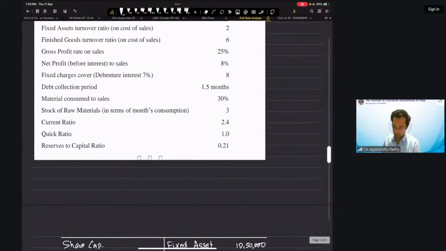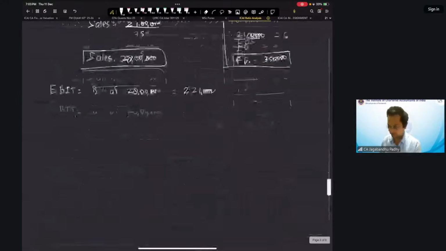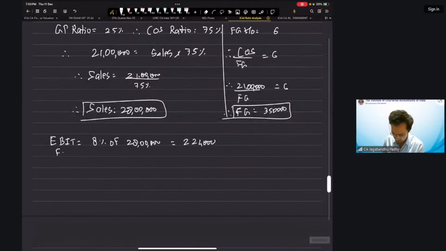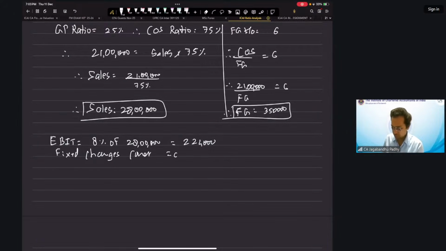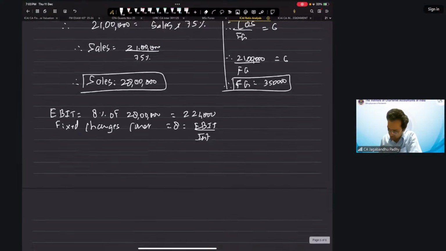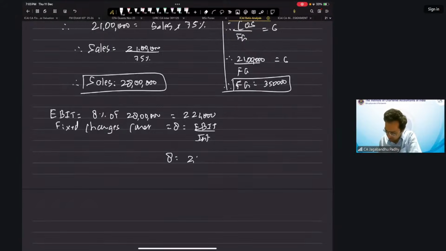And then we have fixed charges cover is 8. And now this 8 is going to be EBIT upon interest. So 8 is equal to 2,24,000 upon interest. So what will be the amount of interest, guys?